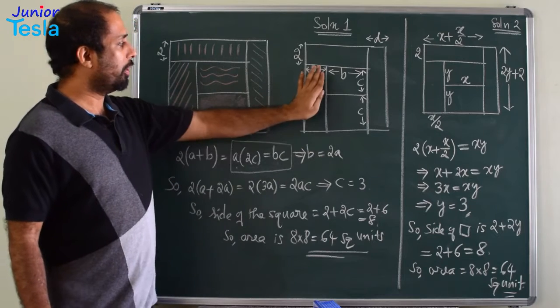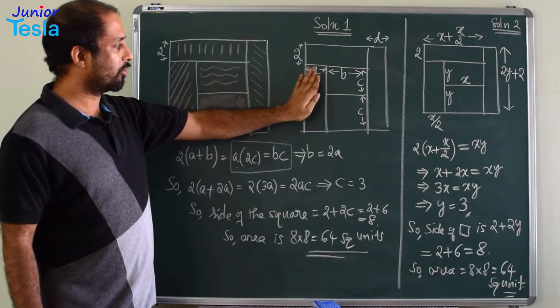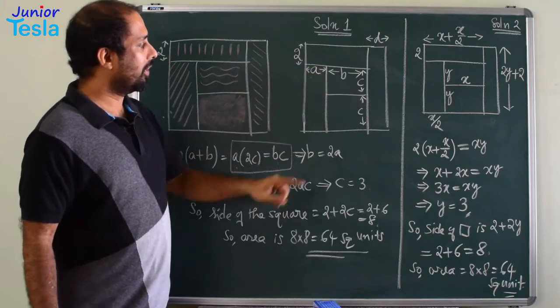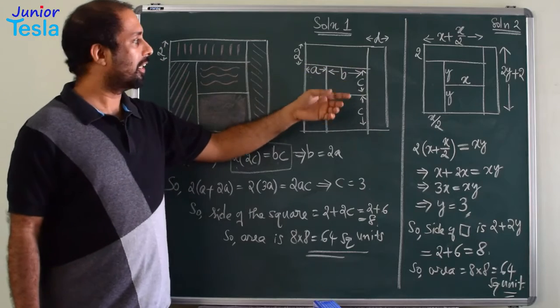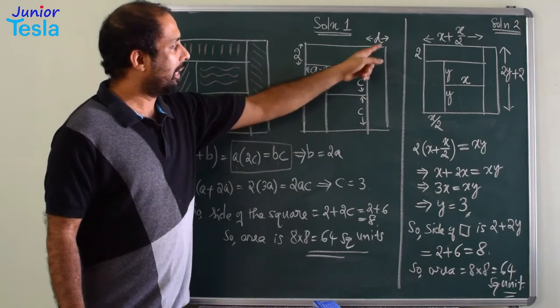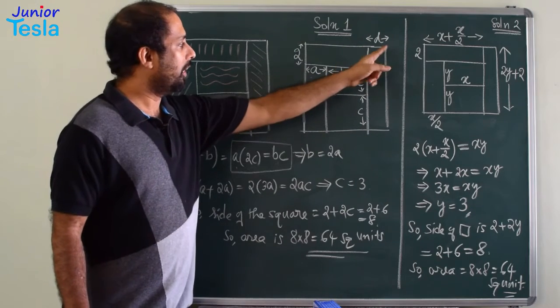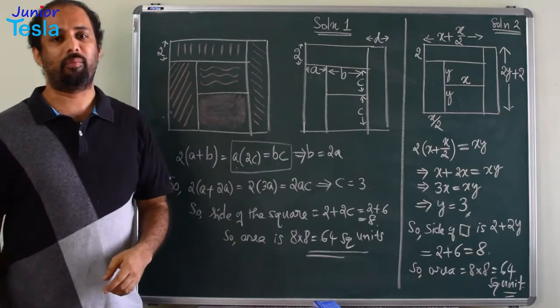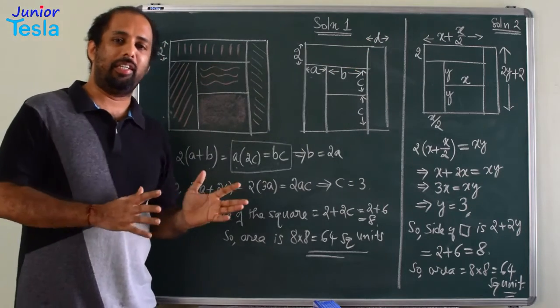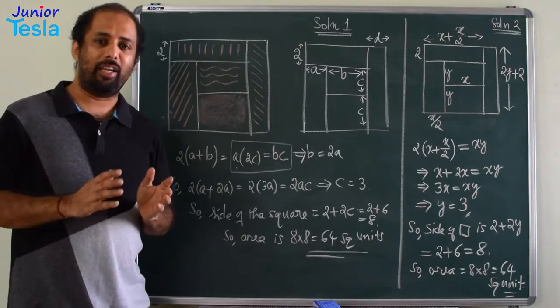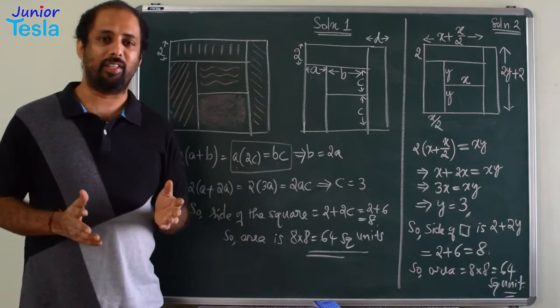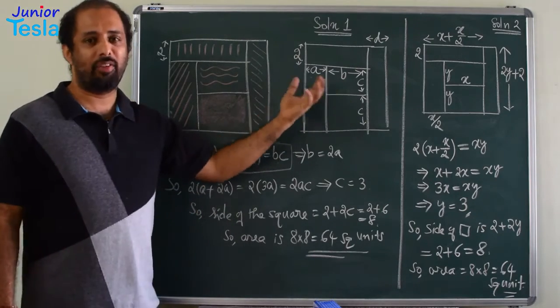Then this square, it is B into C, very direct, right? Similarly, the area of this particular strip is D into 2 plus 2C. So the basic idea is you can write the area of any particular region. That is why we have introduced a lot of variables.